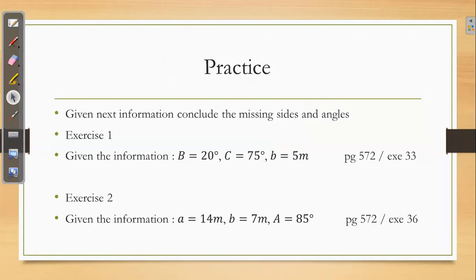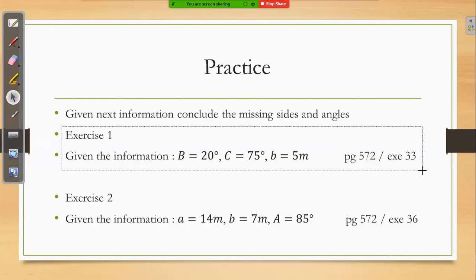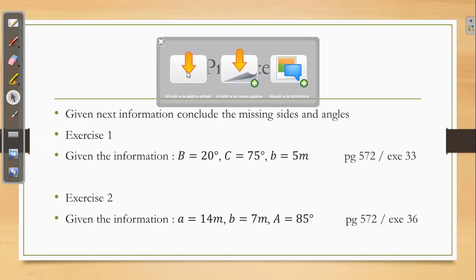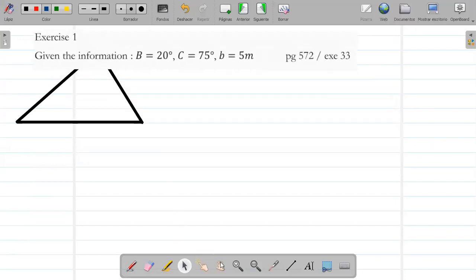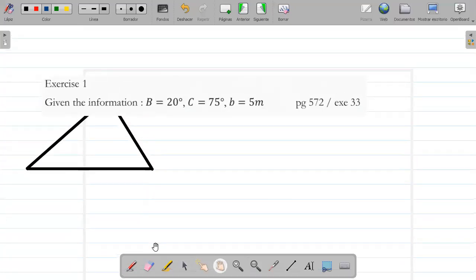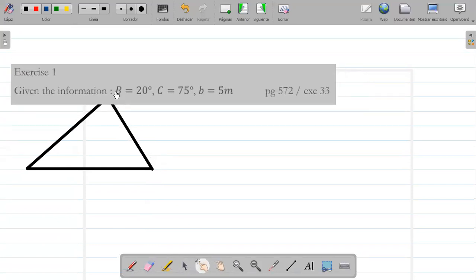So let's concentrate on this first exercise, and with the information we have, we will see how to solve it. Of course, we have to do something first, and that is to fit that information in a non-right triangle. As you can see, I already have the triangle there.